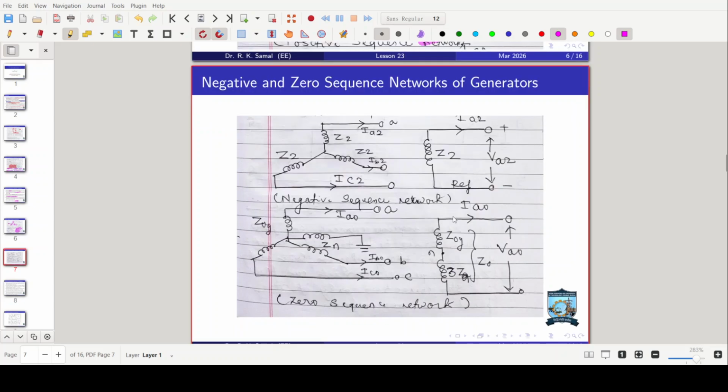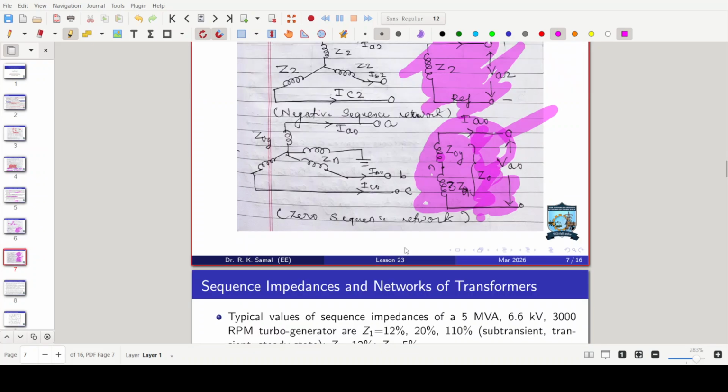Then the negative sequence network has no EMF source connected to it, because the EMF generated in the machine is positive sequence only, because of the synchronously rotating magnetic field. And the zero sequence network contains the zero sequence impedance as well as 3 times the neutral impedance, so it is Z0 plus 3 times Zn. These three combined give you the positive, negative and zero sequence networks of the generator.